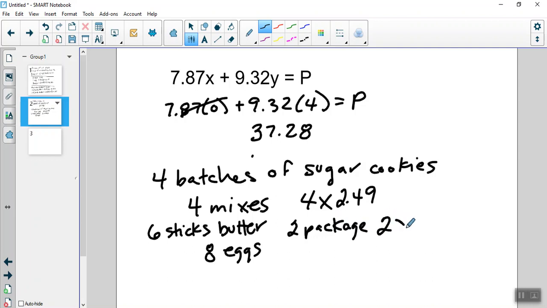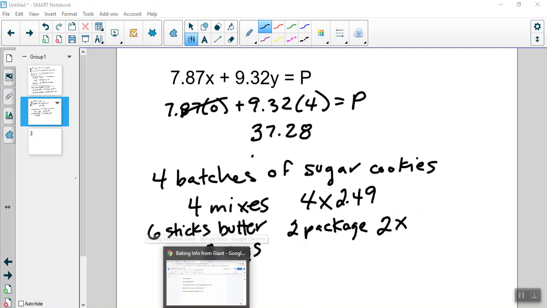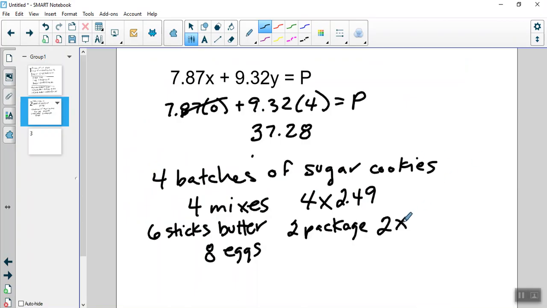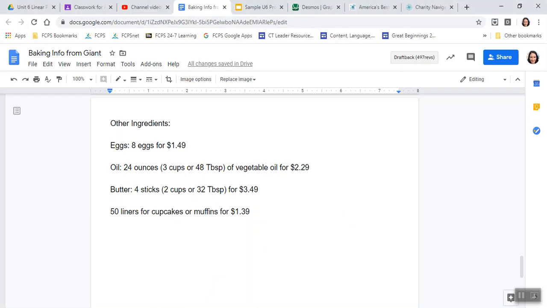So that would be 2 times $3.49. And I need 8 eggs, which is kind of lucky because there's 8 eggs in a package. So the package of 8 eggs is $1.49.